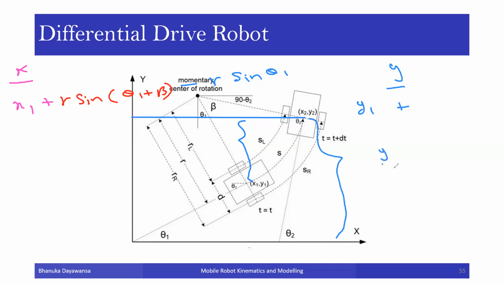Because y over x, if y is in sin terms and x is in cos terms, we can get it in tan, or the other way around, it could be cot. Anyway, the idea is to have them in different trig functions so that we can get an angle, so we can get this direction, θ2.